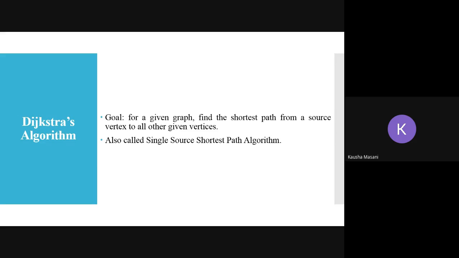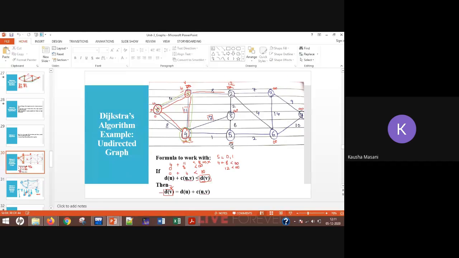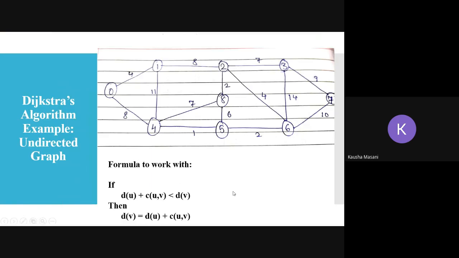Now there is a working principle of Dijkstra's algorithm. Let me remove this all first, I'll explain it to you again. The working formula of Dijkstra's algorithm is: u represents the source, and v represents the destination.